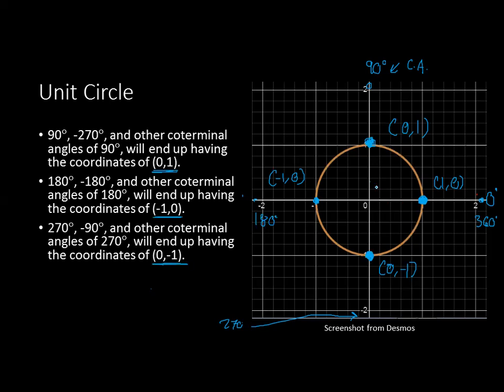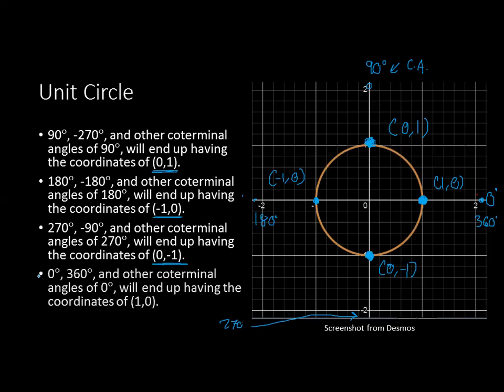Okay, because when you go from here, going there, you'll form coordinates of 0 and -1. And last but not the least, 0 degrees, 360 degrees, and other coterminal angles of 0 degrees will end up having the coordinates of 1 and 0.